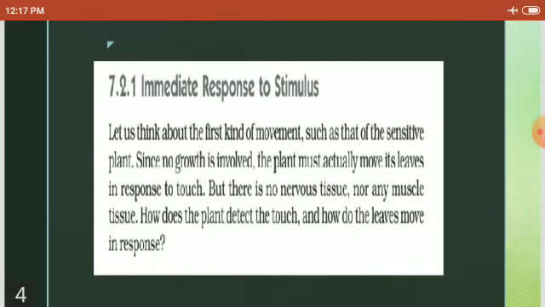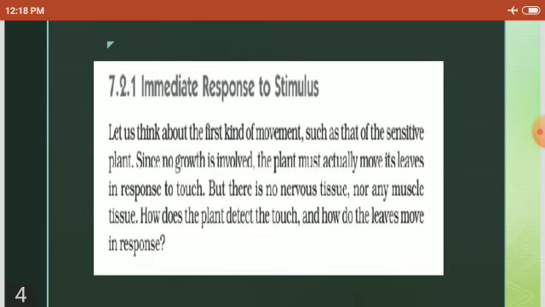Now, let's see some immediate response to stimuli. Let us think about the mimosa plant. When you touched it, it immediately responded. And think about the first kind of movement, such as that of the sensitive plant.